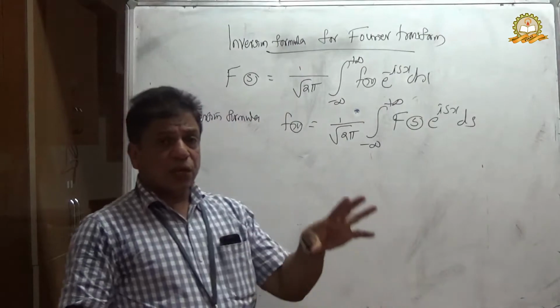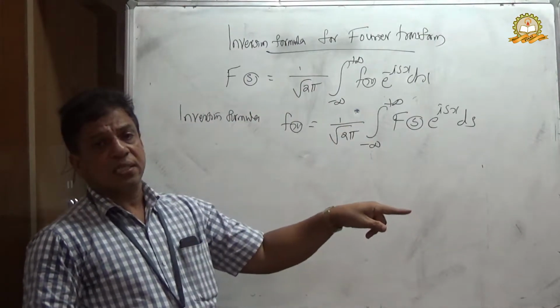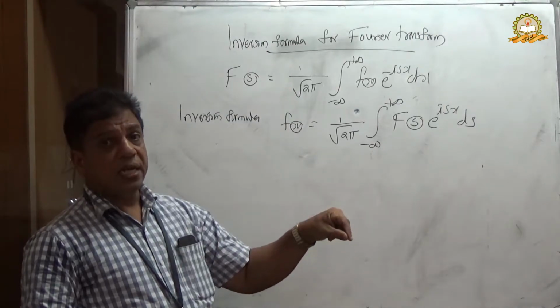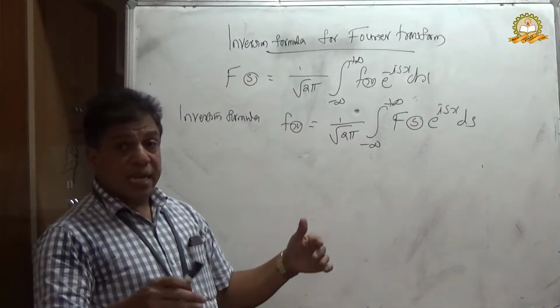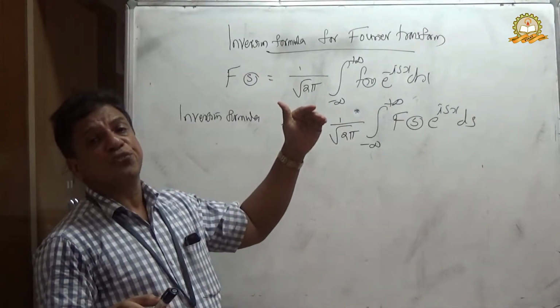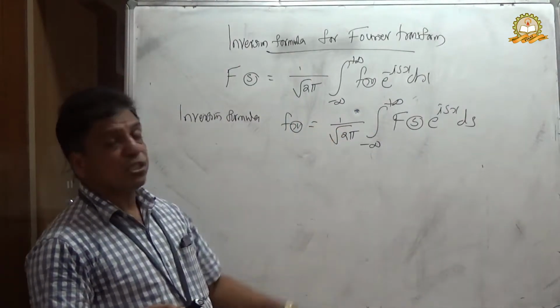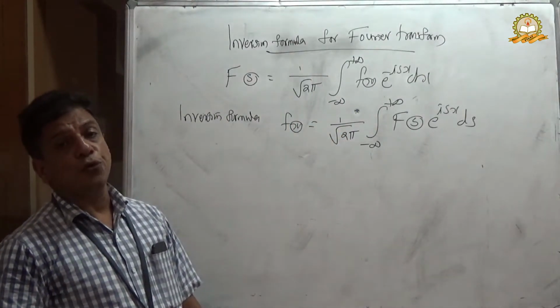That is, the Fourier transform is multiplied by e raised to isx and integrated within the limits minus infinity to plus infinity, and after applying the limits, multiplying this function by 1 by root of 2 pi.